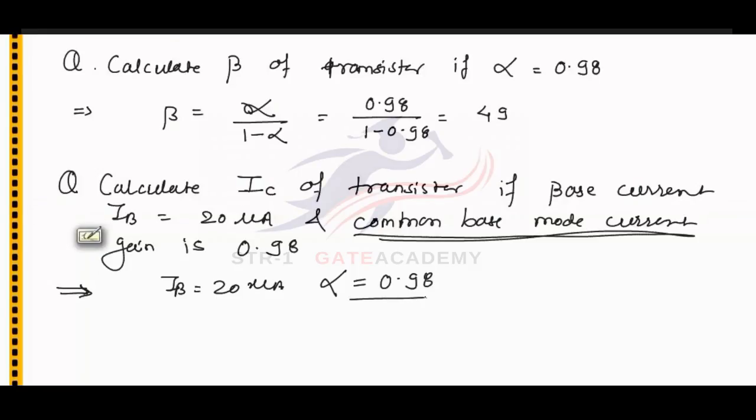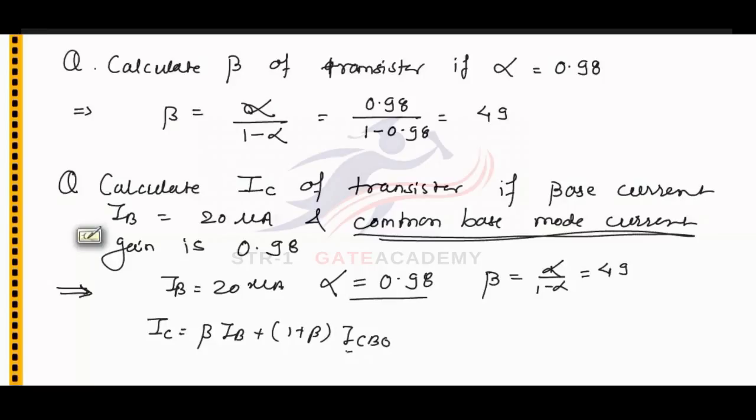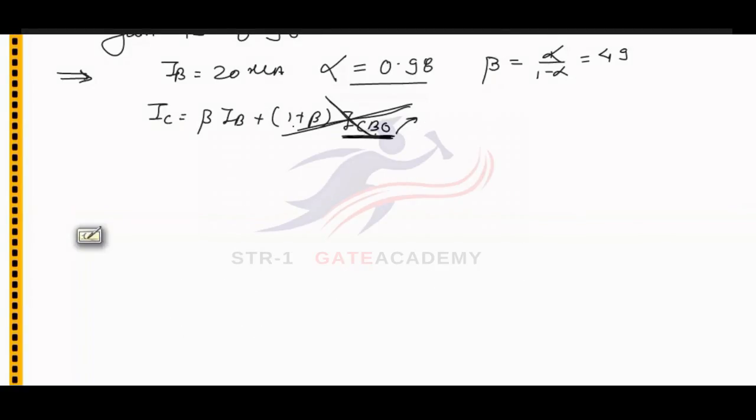If alpha equals 0.98, we can calculate beta, which will be equal to alpha upon 1 minus alpha, which is 49. Now, the equation for collector current IC: IC is equal to beta into IB plus 1 plus beta into ICBO. This part, ICBO, is the reverse saturation current and sometimes it will be given in the problem, and if not given, you can neglect this part from the equation. If we neglect this part, then IC will be nearly equal to beta into IB.